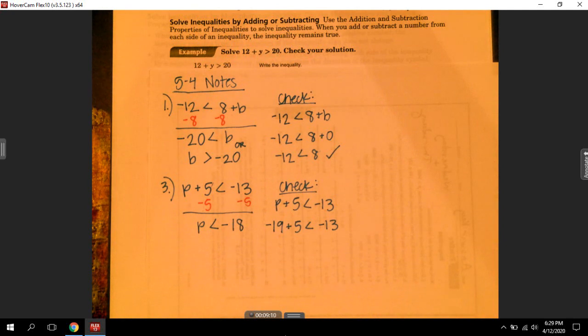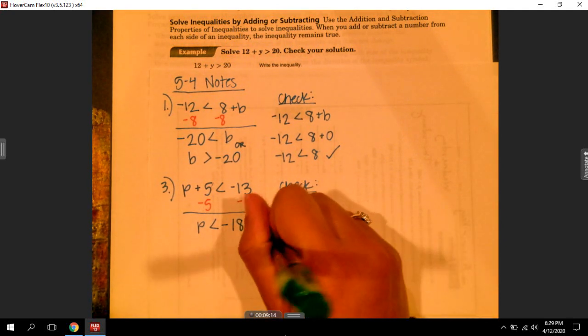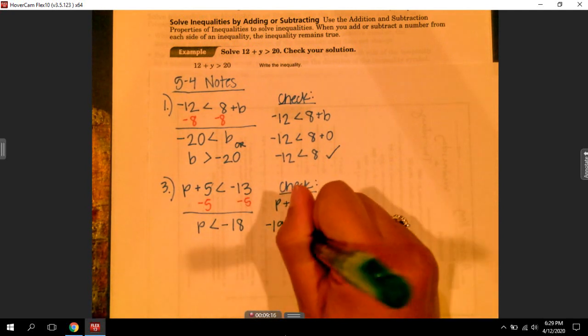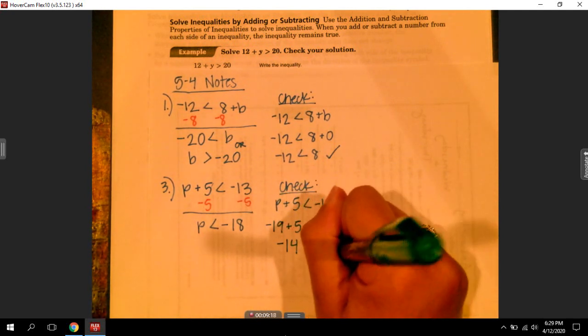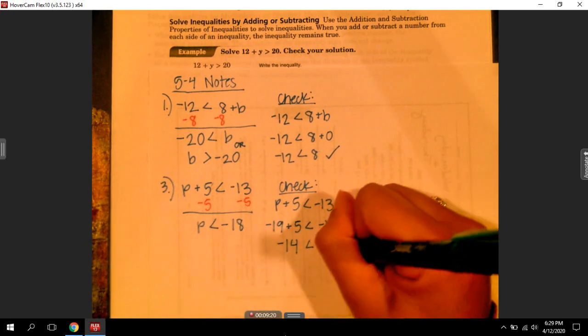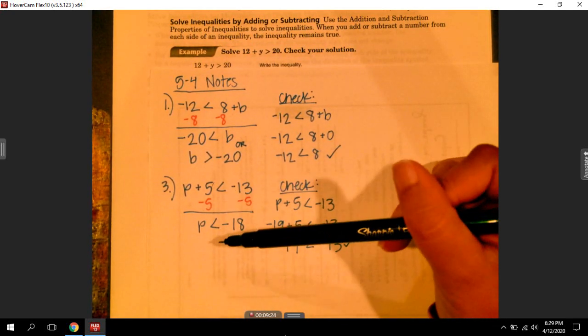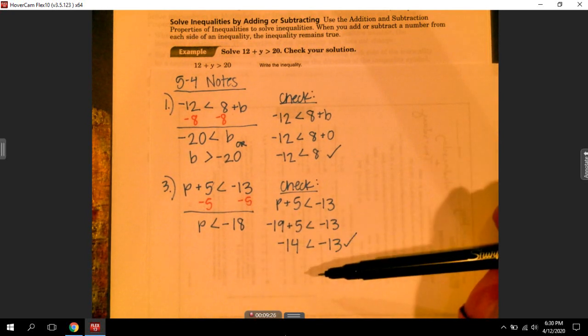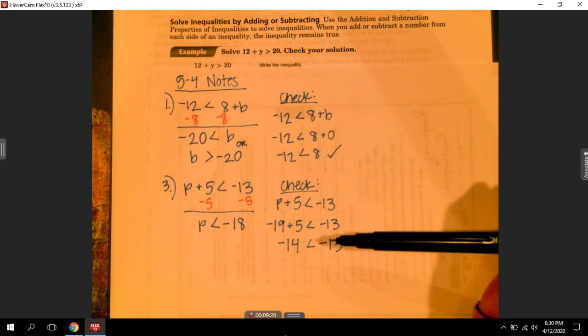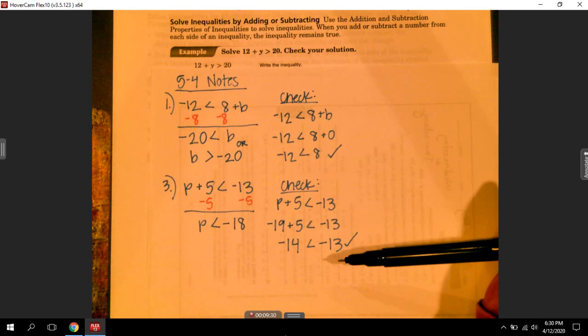Negative 19 plus 5 should give me negative 14. Is negative 14 less than negative 13? Yes, it is, because remember, like what I just said, the larger the number, the smaller it is when you're talking about negative numbers. So negative 14 is less than negative 13.